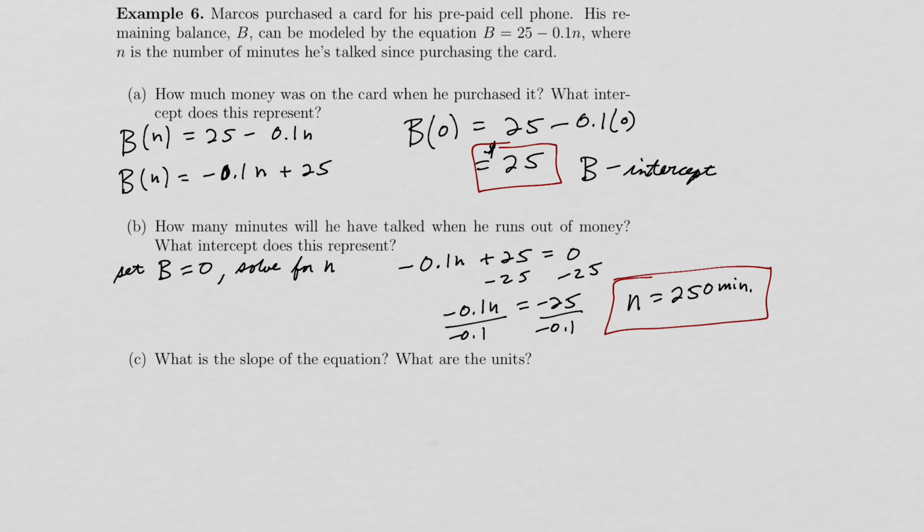Okay. Oh, and the last question we kind of already answered, but let's do this again. What is the slope of the equation? What are the units? Well, we said earlier that the slope must be 0.1, but negative. So negative 0.1. And it has units of dollars per minute.